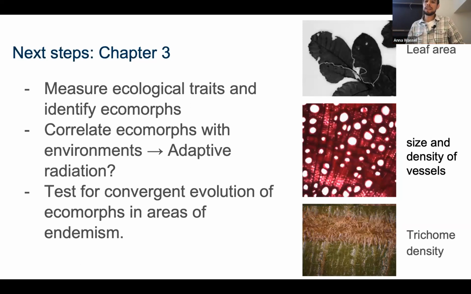Some other traits, like leaf architecture, might not change within the same individual. That's why we try to always collect mature leaves that are exposed to sunlight, so they tend to be more uniform.